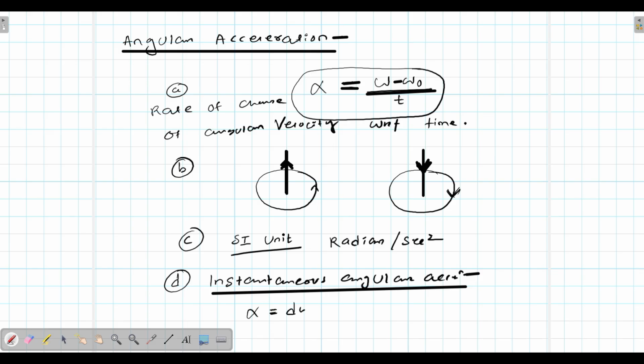Omega is d theta by dt, so d by dt of d theta by dt. That is d square theta divided by dt square. Alpha equals to d omega by dt equals to d by dt d theta by dt, so that is d square theta by dt square.